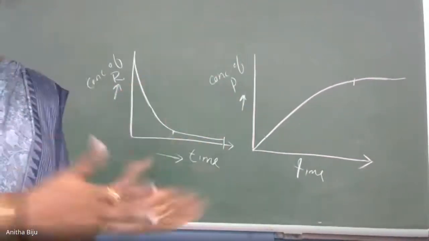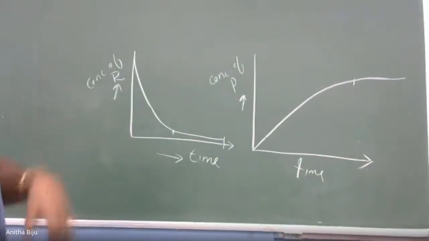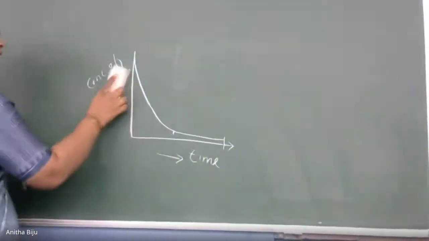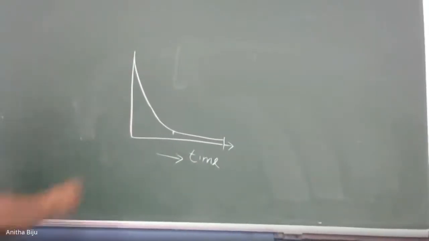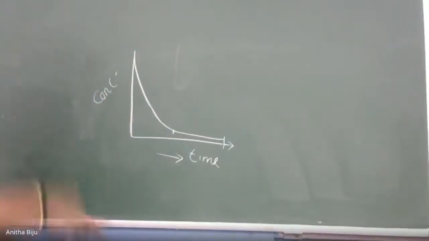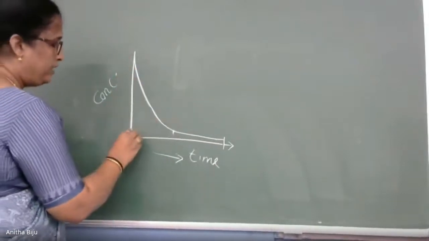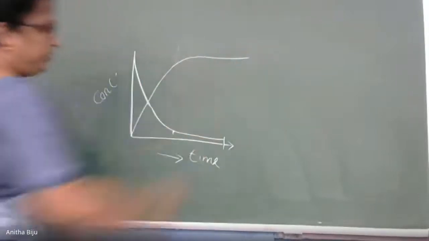We can compile these two graphs. How can we compile them? Very simple. Here we can write concentration, whether it is reactant or product. This is one graph, and this is another graph.